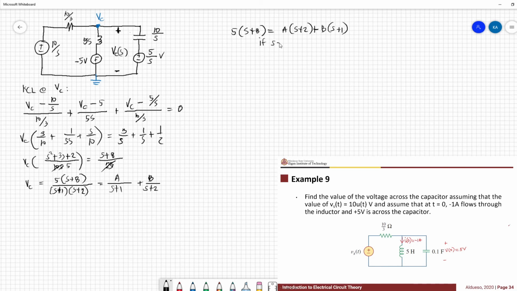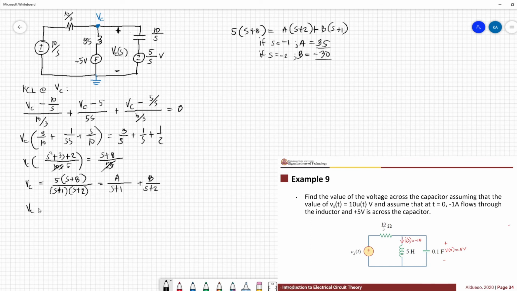We let S be equal to negative 1, and you can solve for the value of A equivalent to 35. We let S be equal to negative 2, B is negative 30. Yeah, 35 and negative 30.